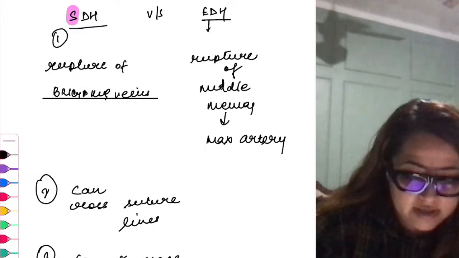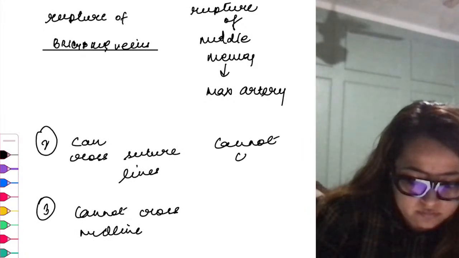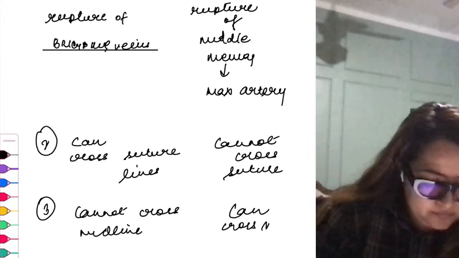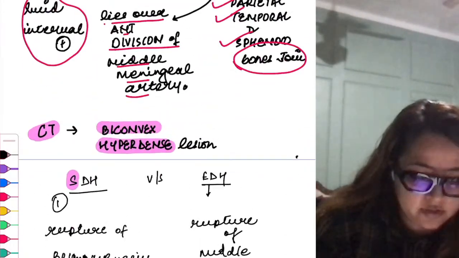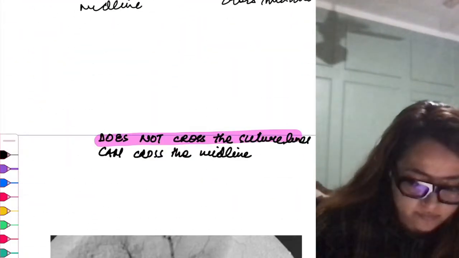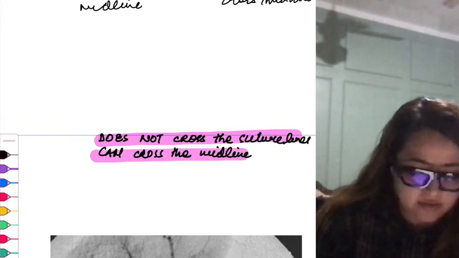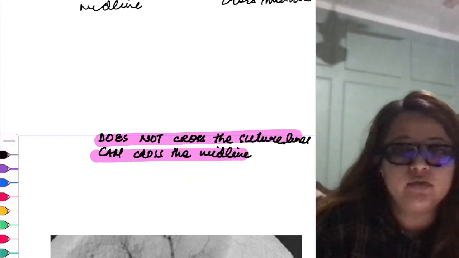But when you talk about the EDH, the epidural hematoma, it cannot cross suture lines, but can cross midline. These are the points to remember in case of the epidural hematoma. Please know this. The epidural hematoma does not cross the suture lines and can cross the midline. Yes, Madhavan, you are correct. Both of them show the lucid interval.